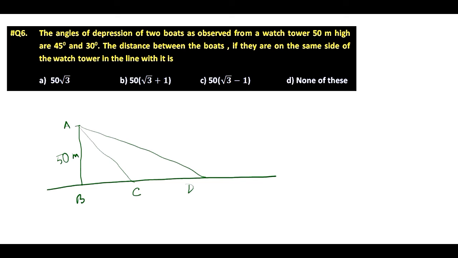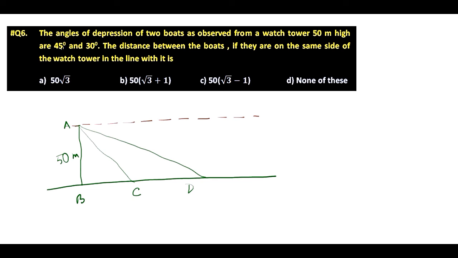And as I told you earlier also, when you keep the point of observation somewhere else except the horizontal, the first task is to draw a horizontal line through the eye of the observer in order to correctly identify the angle of depression clearly.